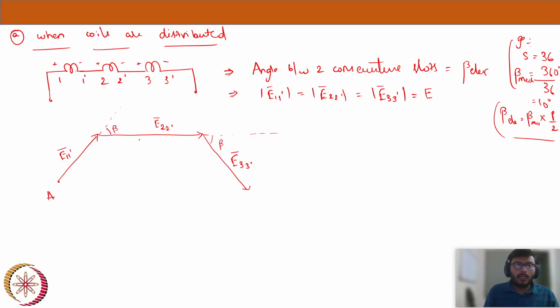Now we know these three are equal length, that is E, right? Now I'm trying to find the resultant.